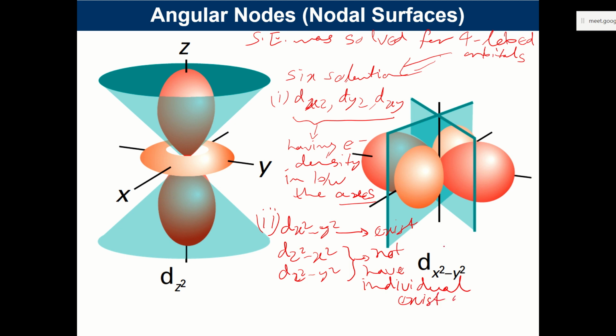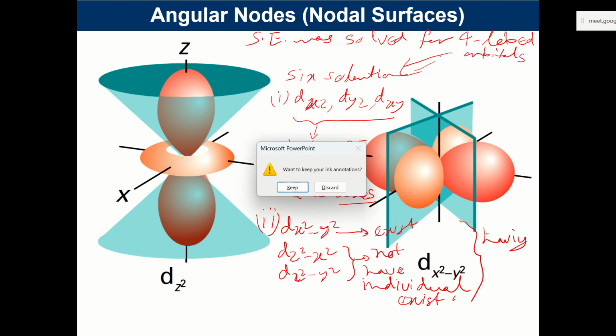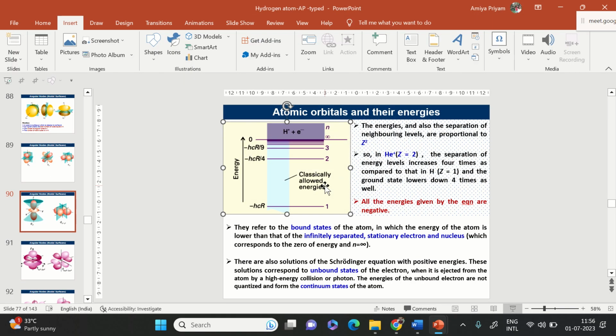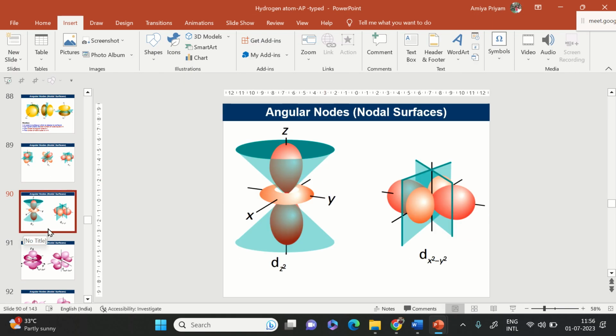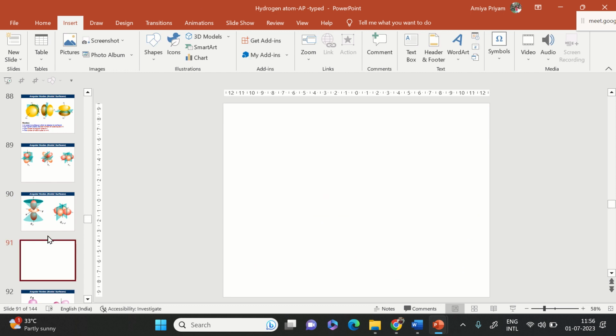So these are the set of orbitals having these electron densities. एक मिनट, इसको मैं दूसरे स्लाइड पे ले जाता हूँ, that will be easy. So what I am saying is that यहाँ पे आपको दो सेट ऑफ सॉल्यूशंस थे d ऑर्बिटल्स के लिए.